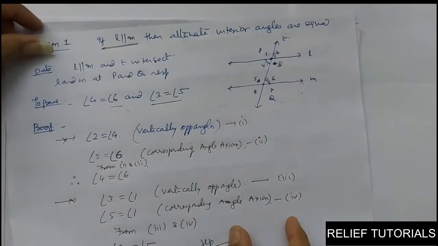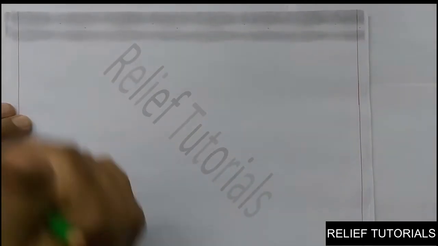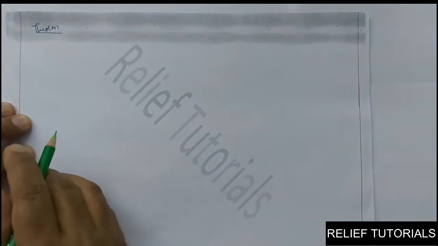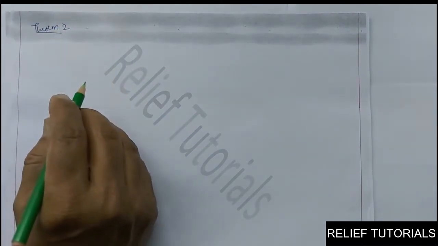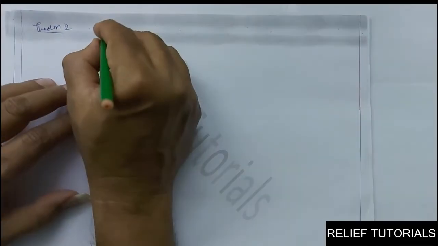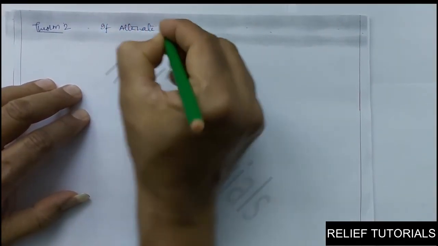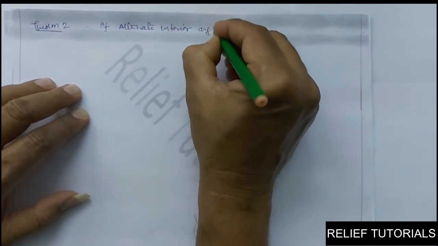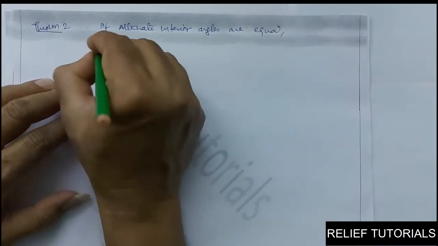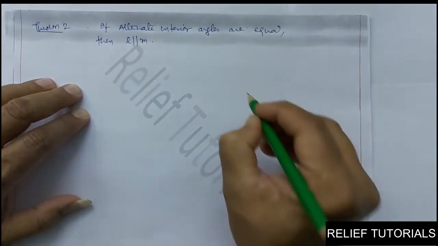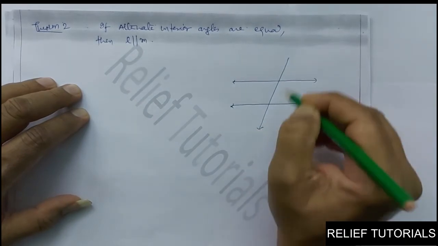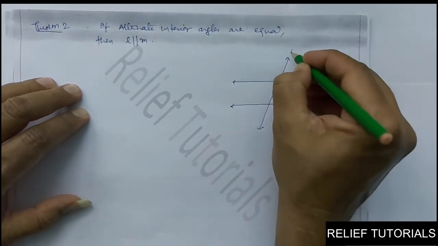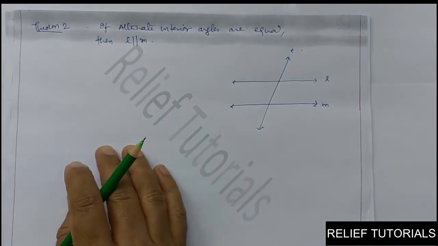Now, theorem 2. What is that? If alternate interior angles are equal, then L is parallel to M. So theorem 2 is the converse of theorem 1.